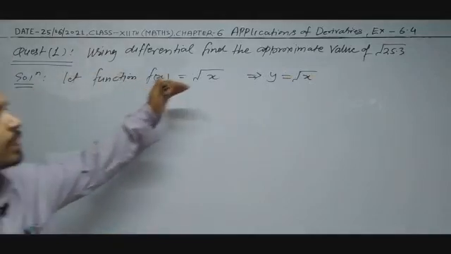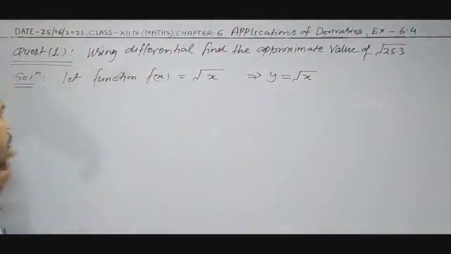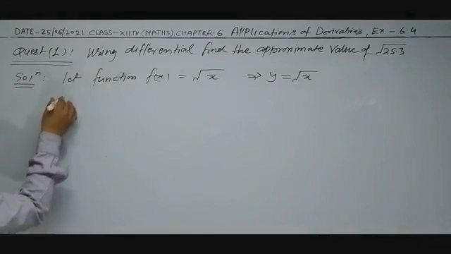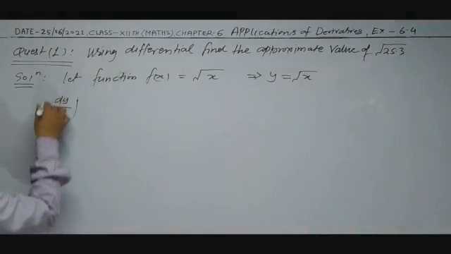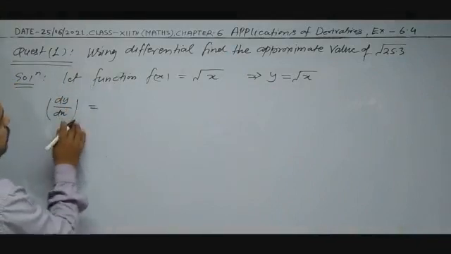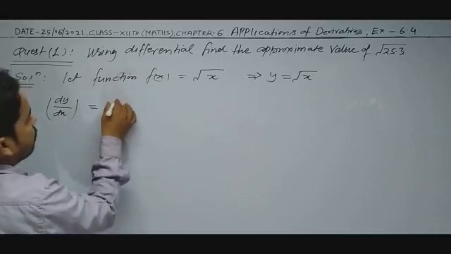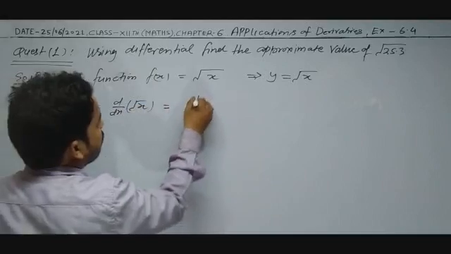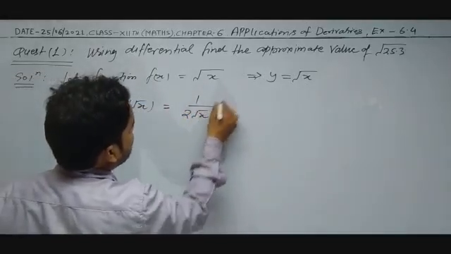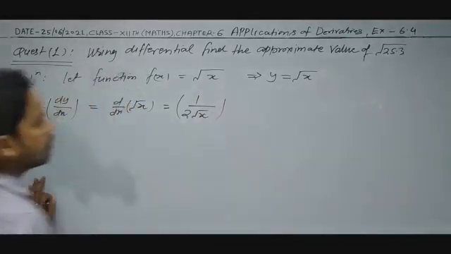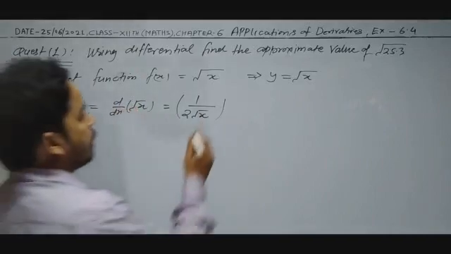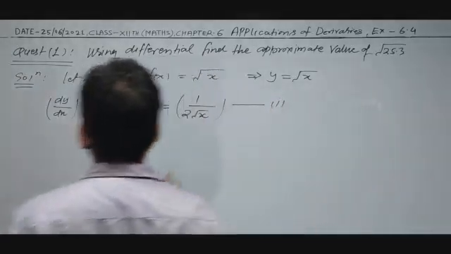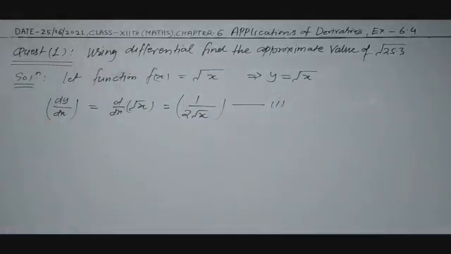When you consider this type of function, you have to differentiate it, means d by dx of root x. This result will be 1 upon 2 times root x. This is the calculation of dy by dx. Consider equation 1.